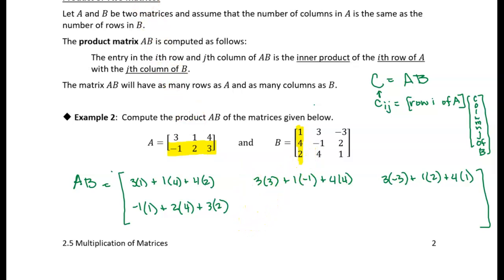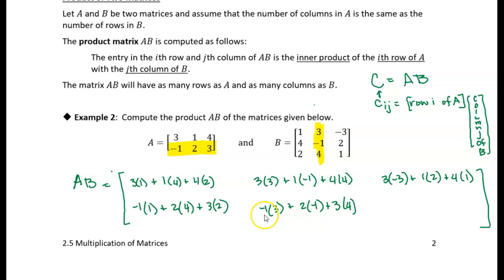All right, so now let's move on to the next column. I'm going to do the second row, second column. So we have -1 times 3 plus 2 times -1 plus 3 times 4.